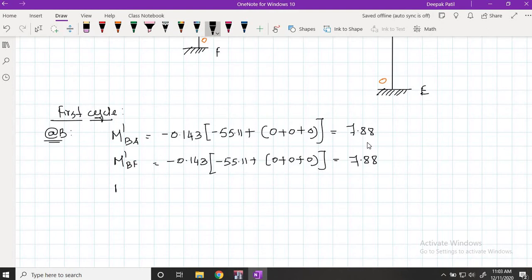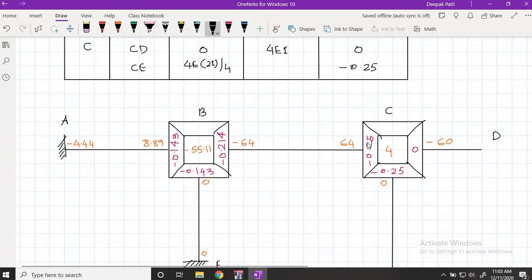Now let me calculate M dash BC. M dash BC has a rotation factor of minus 0.214. The terms in the bracket will remain the same, 0 plus 0 plus 0. This comes out to be 11.79.